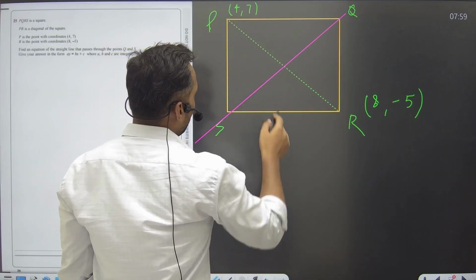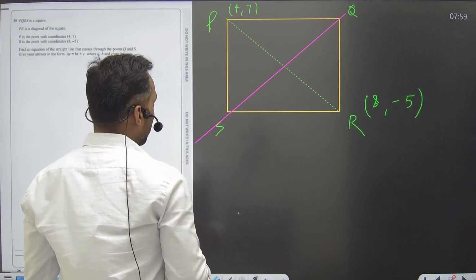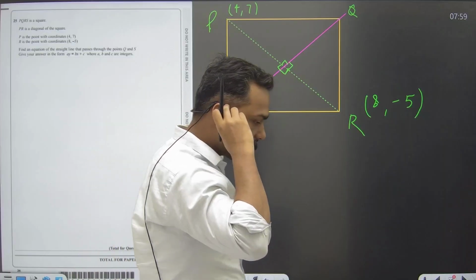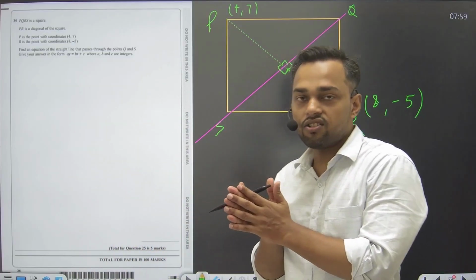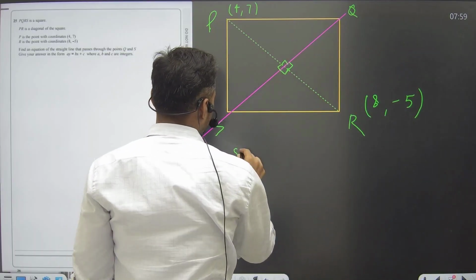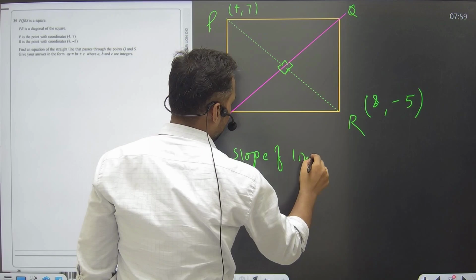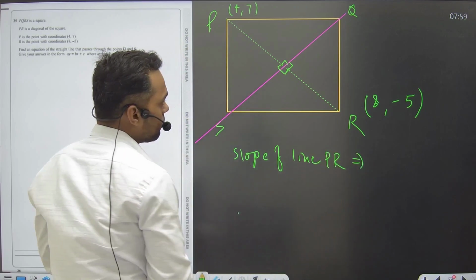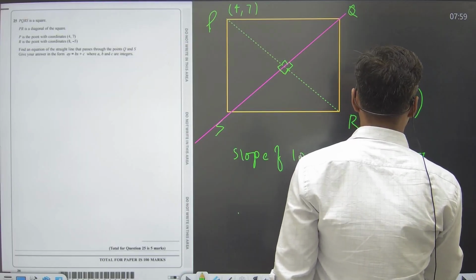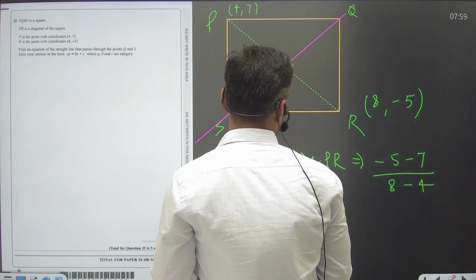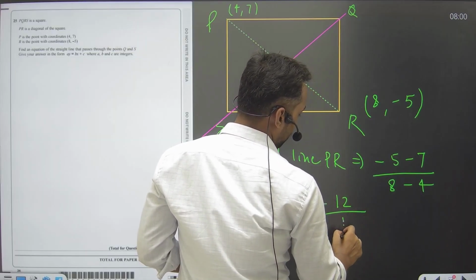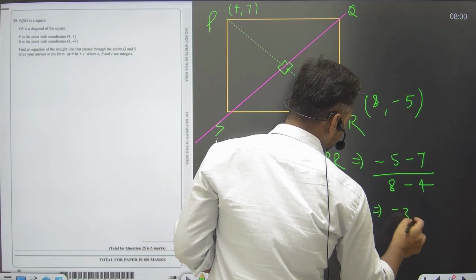We know the property of a square, student: the diagonals intersect each other at 90 degrees, meaning they bisect each other at 90 degrees. So the slope of the line PR will be equal to negative of 5 minus negative of 7 upon 8 minus negative of 4, which is negative of 4 upon 4, that will be equal to negative of 3.